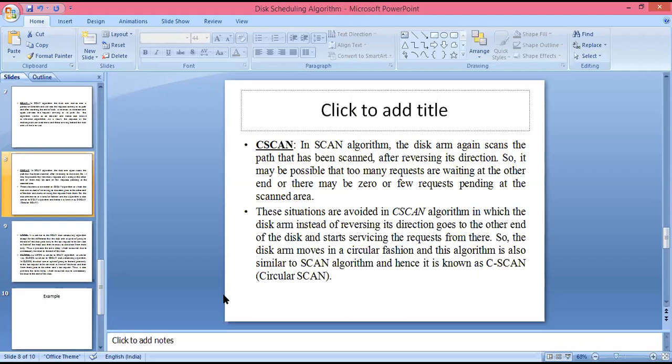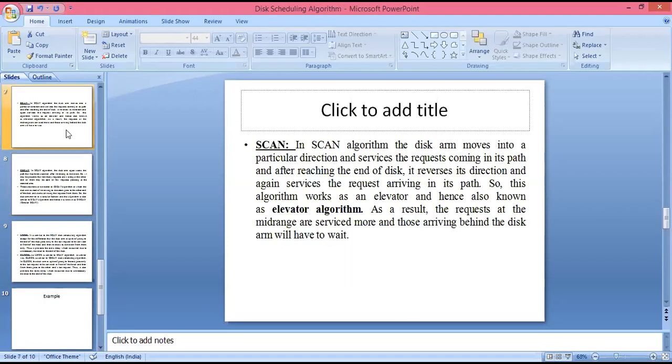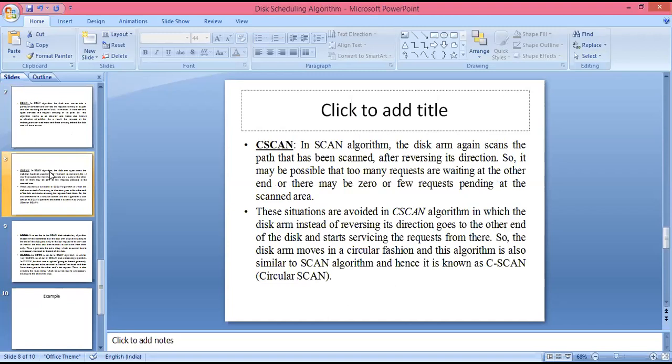In the SCAN algorithm, I reverse the direction, that means from 10, 9, 8, 7, 6, 5, 4, 3, 2, 1, right? But in circular scan, I move from 1 to 10, and after 10, it goes again to 1 and moves towards 10 again, 1, 2, 3, 4, 5, 6, 7, 8, 9, 10. That means one circle has occurred. That's why it is known as circular scan. For SCAN, remember 1 to 10 and then in reverse order 10 to 1. For circular scan, remember 1 to 10, then the pointer moves from 10 to 1 and again carries on from 1 to 10.